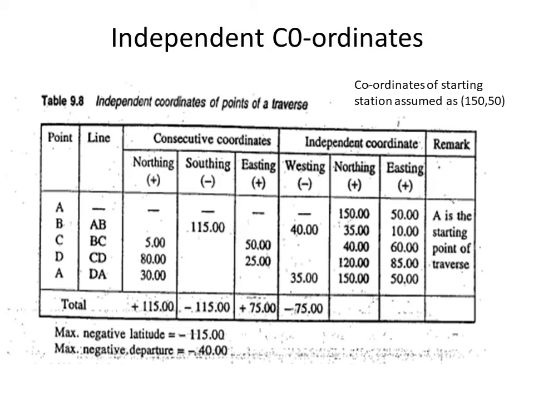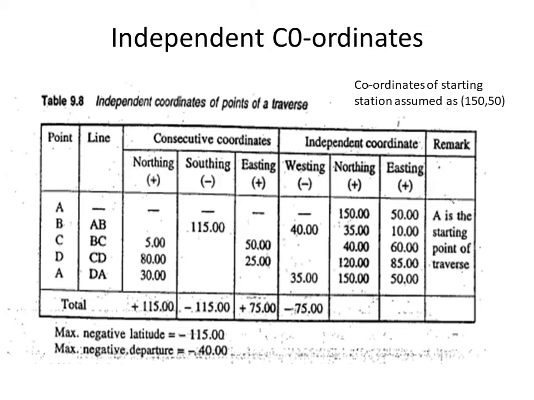Therefore 50 minus 40, that is 10. Similarly, starting with 35 and 10, we will consider the northing value and easting value of line BC. So 35 plus 5 becomes 40, and 10 plus 50, that is 60.